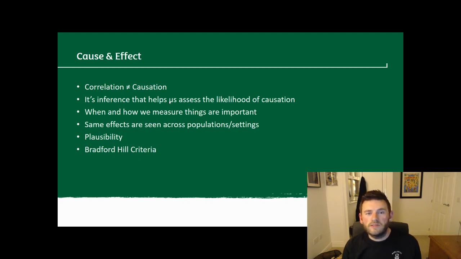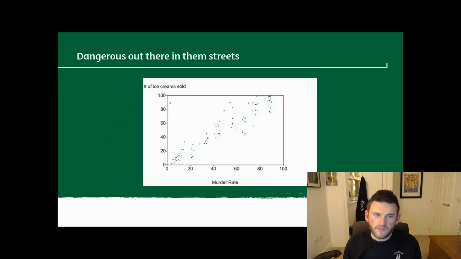Then there's the plausibility. I mentioned this already, this idea of biological plausibility, social plausibility, whatever it may be. We can measure lots of different things and they might be related, but that doesn't necessarily mean that there's a plausible link between them. An example that's typically given is ice cream sales in the summer and the murder rate.